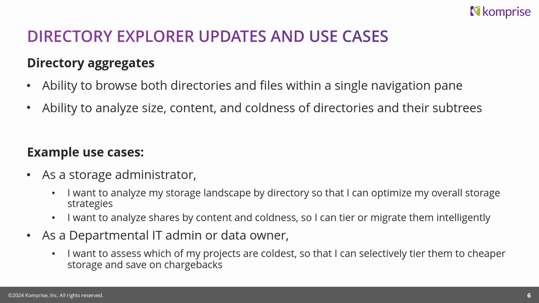So with directory aggregates, you can now browse both directories and files within a single navigation pane. And more importantly, you can analyze size, content, and coldness of directories and their subtrees. A lot of this data is heavy on computation, so your file systems don't have it.